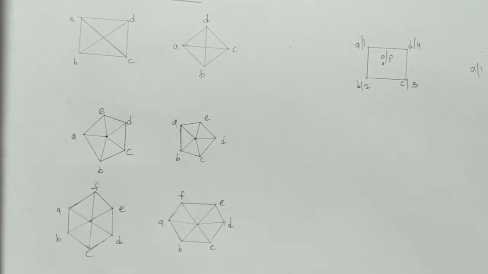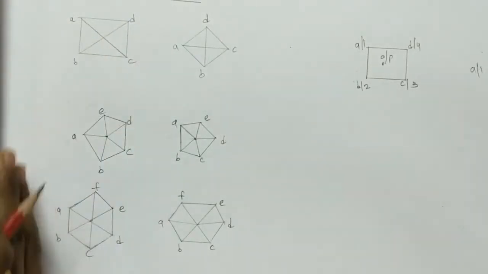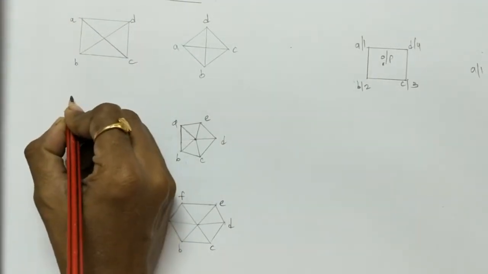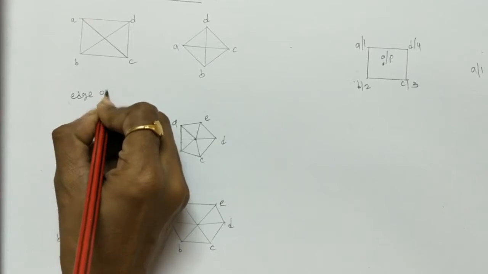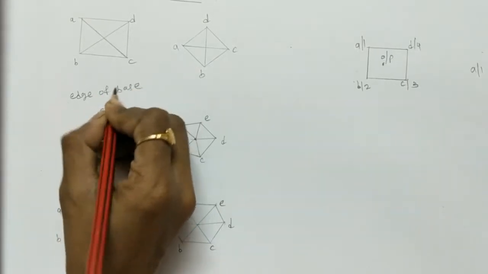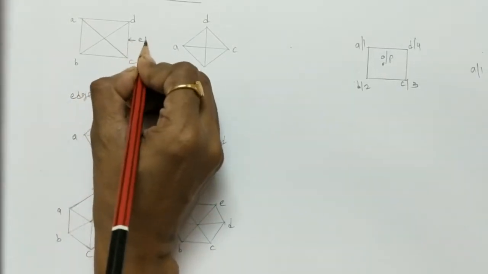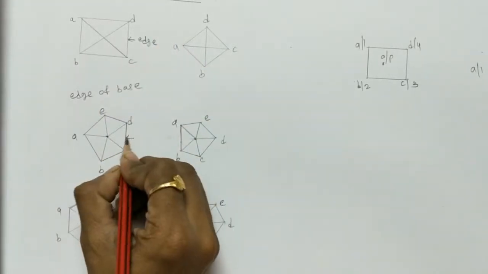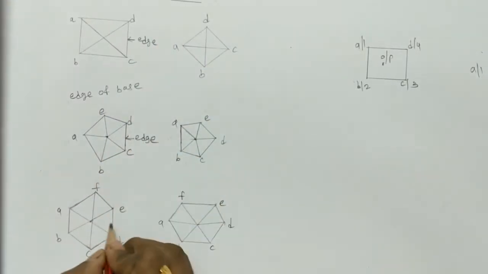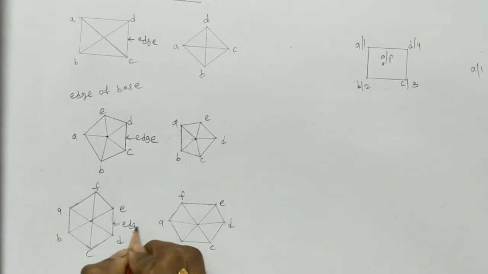When edge of base is given, we will use these first diagrams. This is for edge of base, here this is edge and this is also edge.